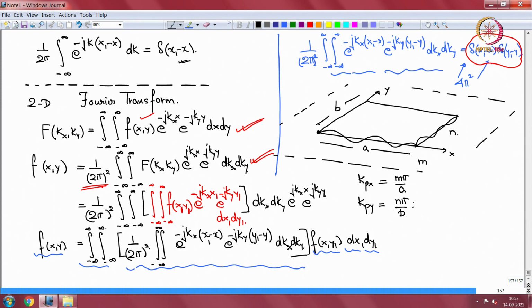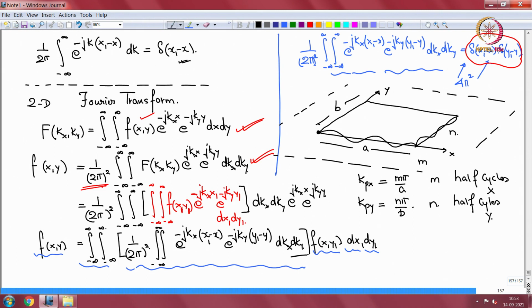M is the number of half cycles of the mode in the x direction and n is the number of half cycles on the plate in the y direction.